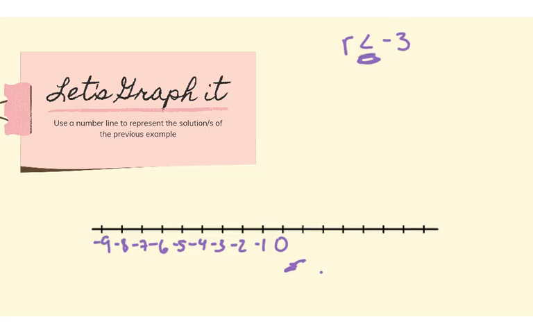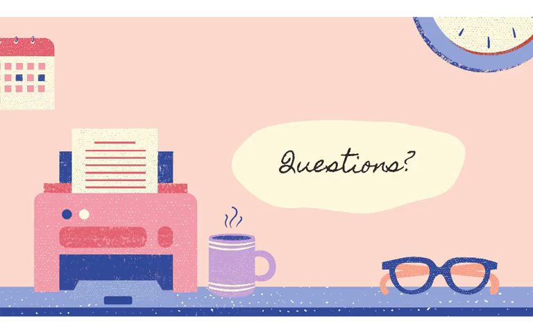Remember, if it doesn't have a greater than or equal to symbol, and this one does not, it's not inclusive, so our graph is going to be with an open circle. So I find -3 and I put an open circle there. And I want my arrow, my tail, to point to all numbers that are less than -3. So this is what our graph would then look like. Let me know if you guys have any questions.